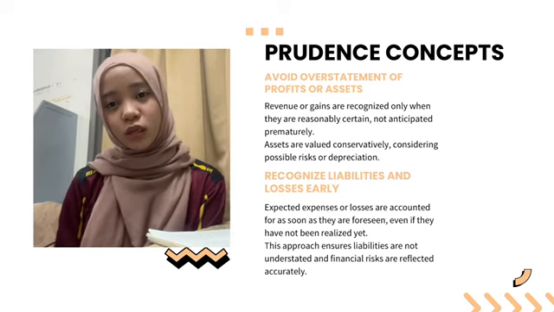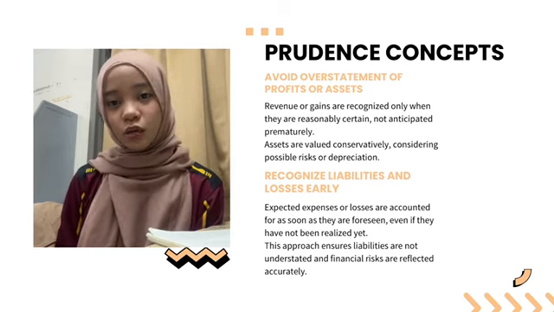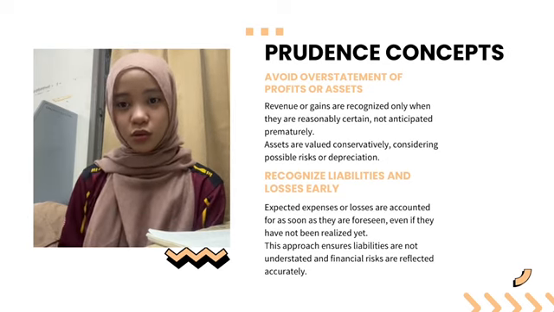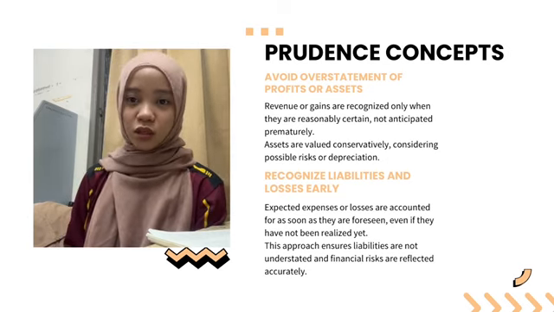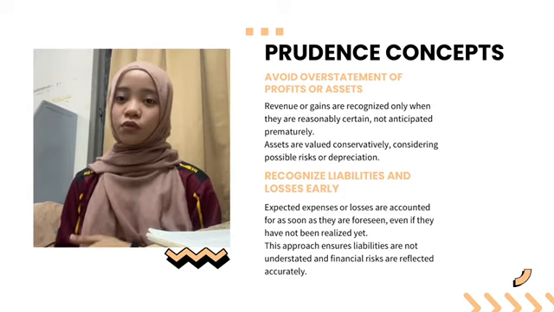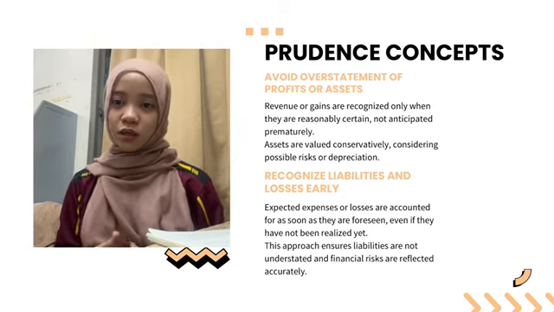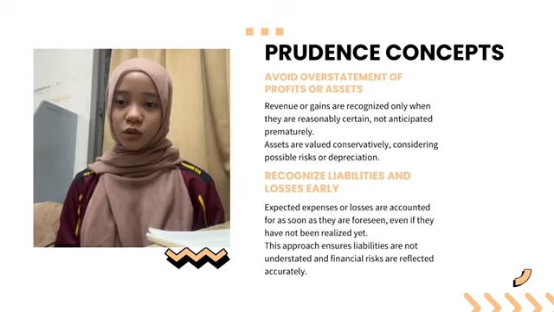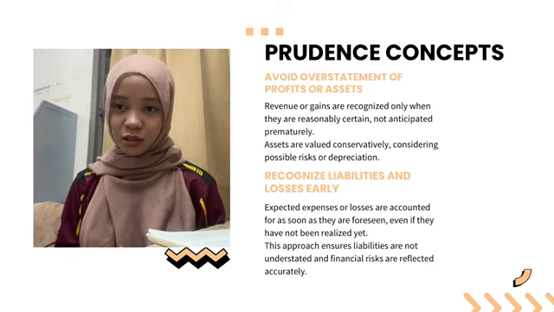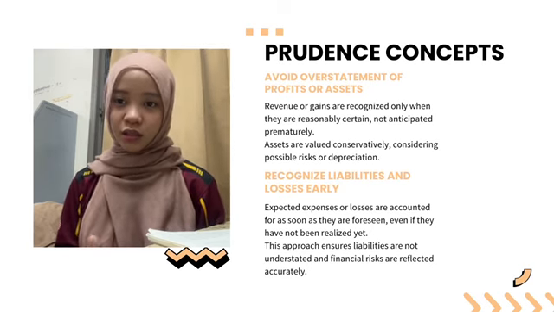Two, recognize liabilities and losses early. Expected expenses or losses are accounted for as soon as they arise, even if they have not been realized yet. This approach ensures liabilities are not understated and financial risks are reflected accurately.